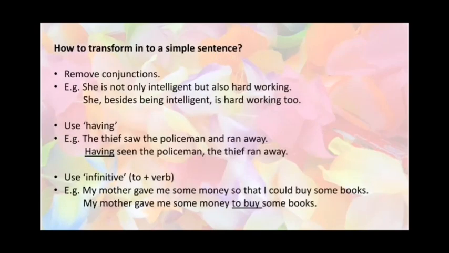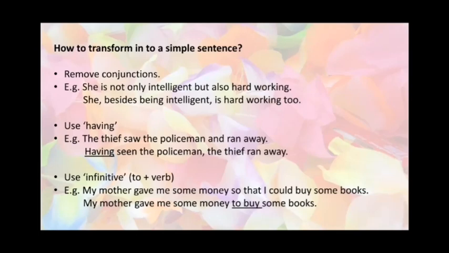Now children, let's see how to transform any sentence into a simple sentence. Firstly, you need to remove all the conjunctions that are there, because basically you have to shorten the sentence or make the sentence simple, easy. So you need to remove the conjunctions that are joining two sentences. For example, she is not only intelligent but also hardworking.